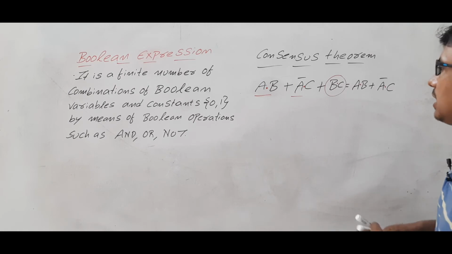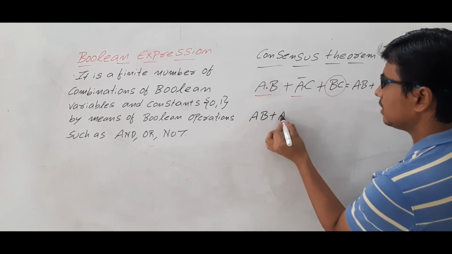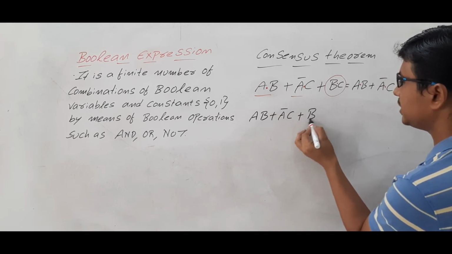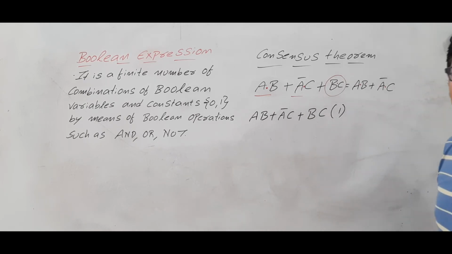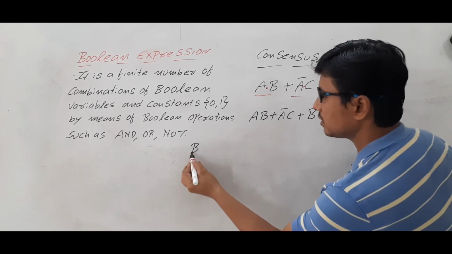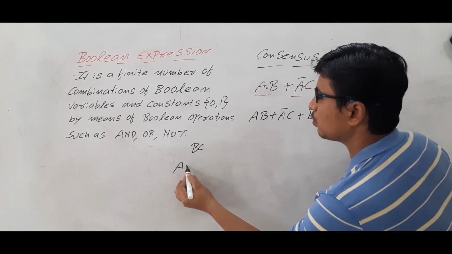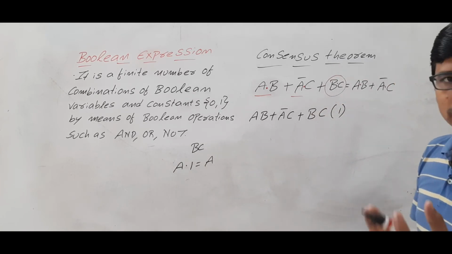Take this LHS. LHS has A and B, or A complement and C, and you have B and C. Now BC and 1 is equal to what? BC only. Will you agree with me or not? Suppose A and 1 is equal to A only. Am I right or wrong? I discussed this in the previous video.